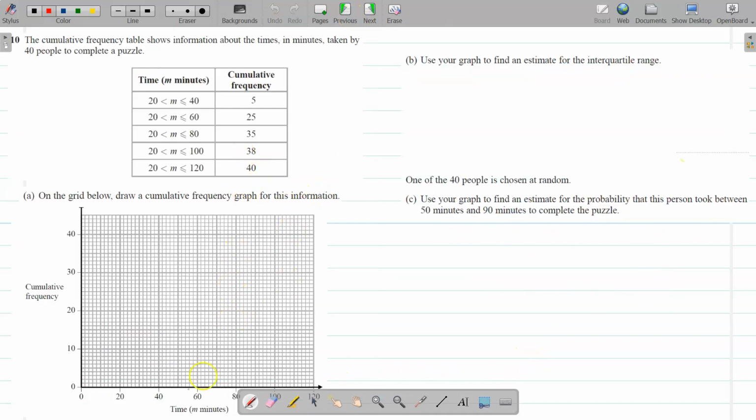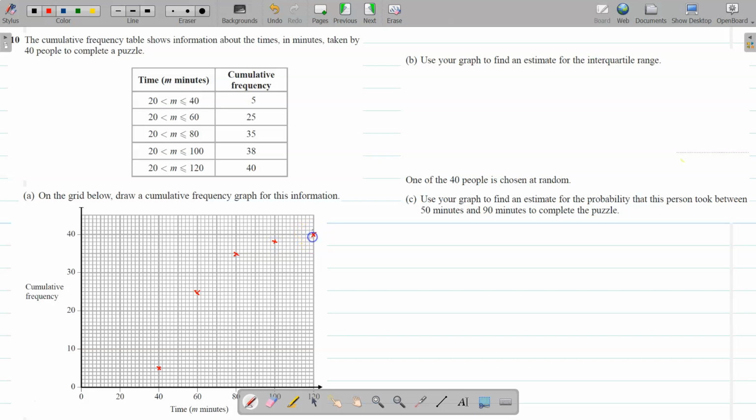Cumulative frequency. So plot the endpoints of the class interval. They've already done the cumulative frequency for us. We just have to put the points. So at 40, we plot 5, a little cross there. At 60, we're plotting 25 up there. At 80, we're plotting 35, which is here, then 38 here, and finally 40 at the end.